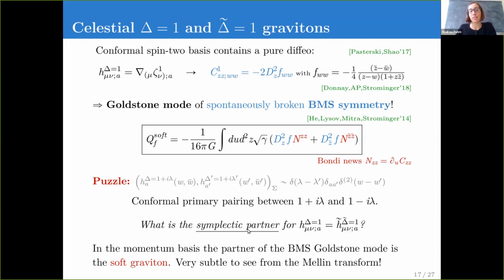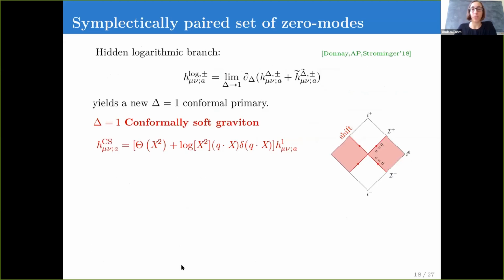However, in this new conformal basis, after performing the Mellin transform, it is very subtle to see where this symplectic partner of the dimension 1 Goldstone mode is, or equivalently, what the celestial analog of the soft graviton is. One way to understand where this partner comes from is by realizing that there exists a logarithmic branch of the solution space, which is not captured by the Mellin transform of a plane wave, naively.